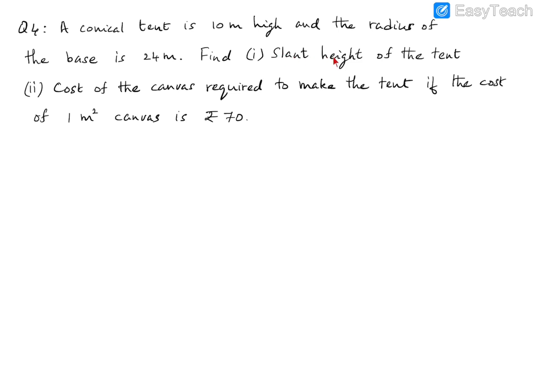So the slant height is L. So from R, the radius, and the slant height of the tent, L. So let's first write what is given.